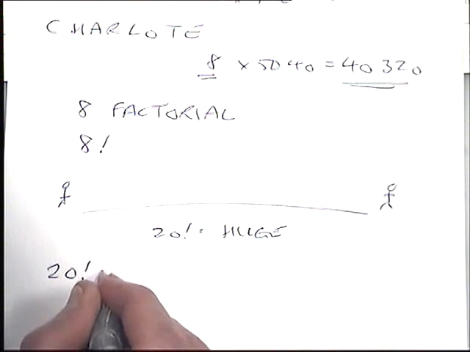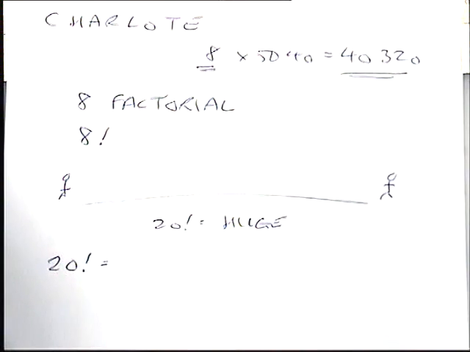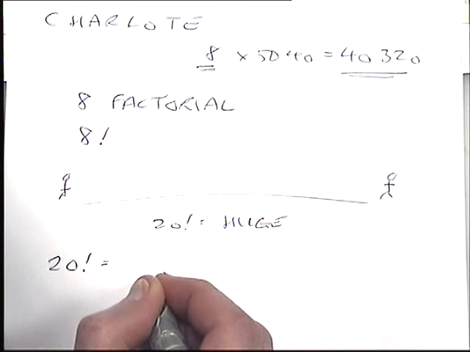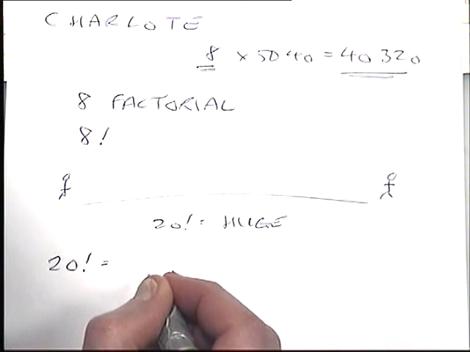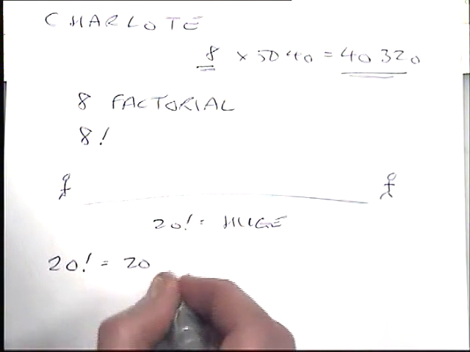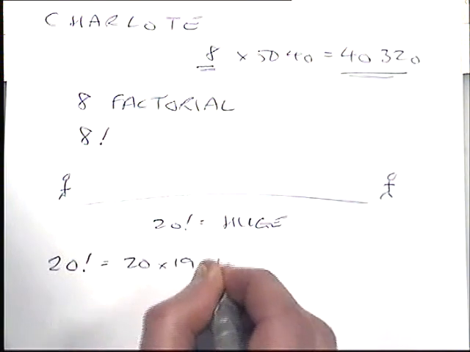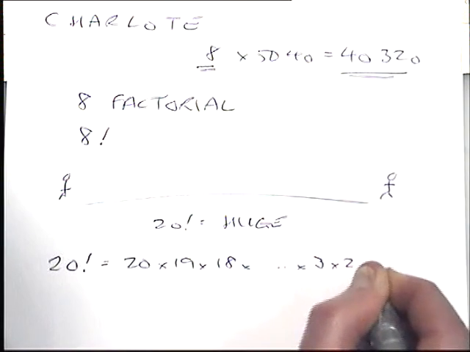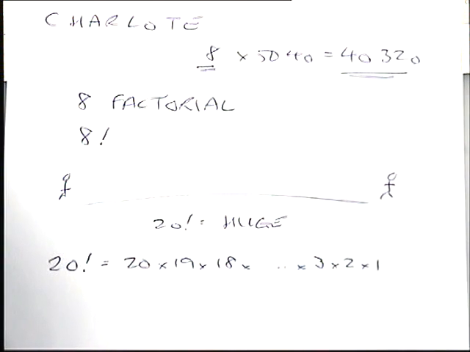Other than pressing the button on your calculator to get the answer, there are some people in here I know because I've heard them say it. What sum is actually going on, Patrick? 1 times... multiplication. Yes, I'm going to start the other way around actually, because we normally do. It's just convention. We start with the biggest number, but you're quite right. 20 times by 19 times by 18, all the way down until we finish up timesing by 1.